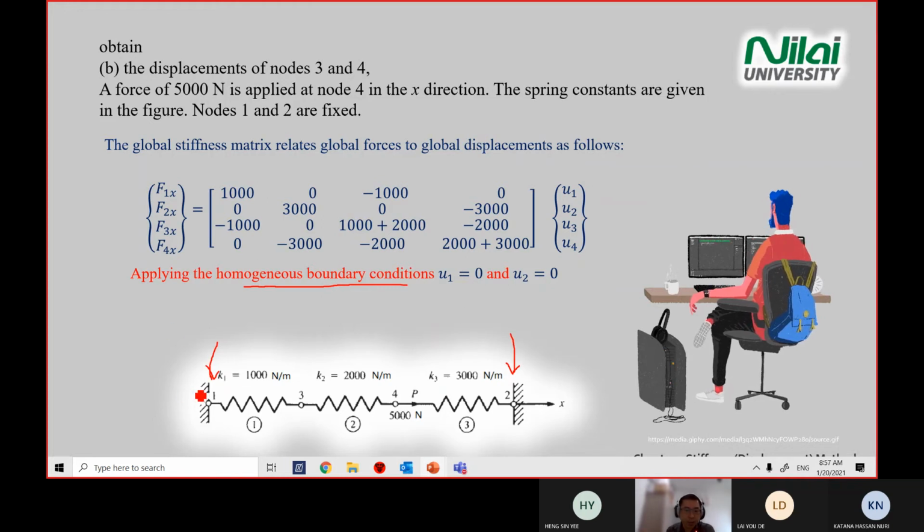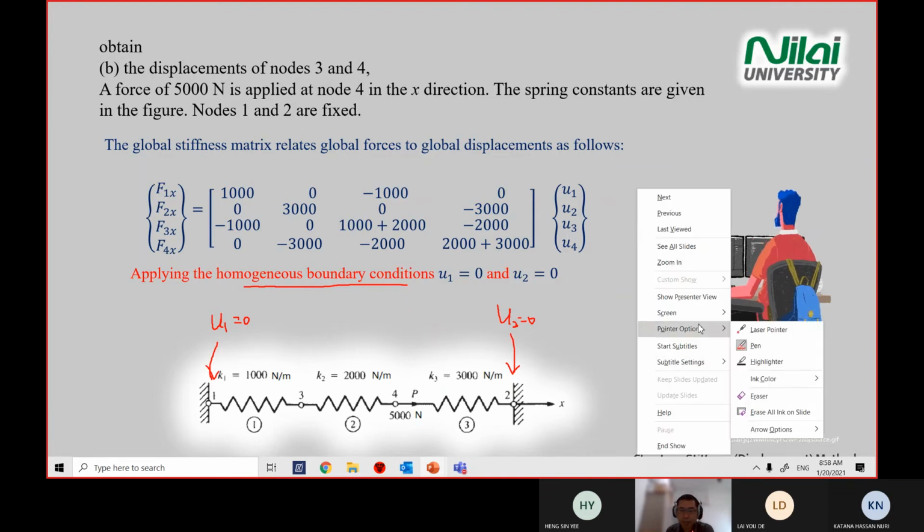In this case, we know that point 1 does not move and point 2 does not move. So U1 equals 0, U2 equals 0. Looking back at the equation on top, straight away you remove 2 equations already. You only focus on 3 and 4. This is the reason why I keep repeating what homogeneous is and why we need to apply boundary conditions.